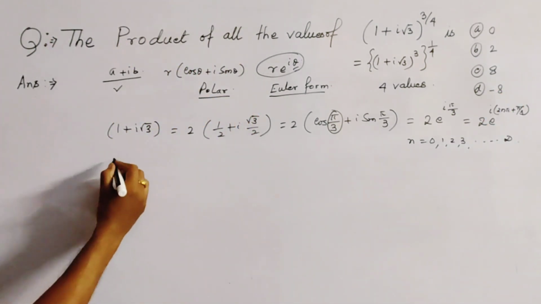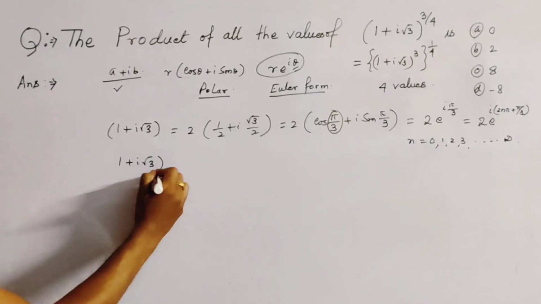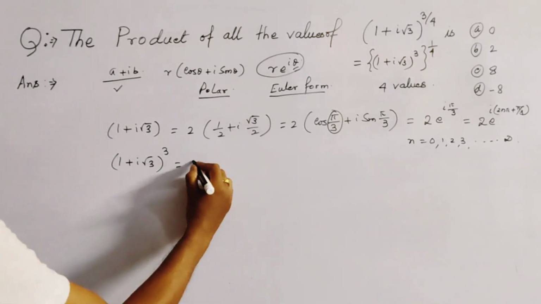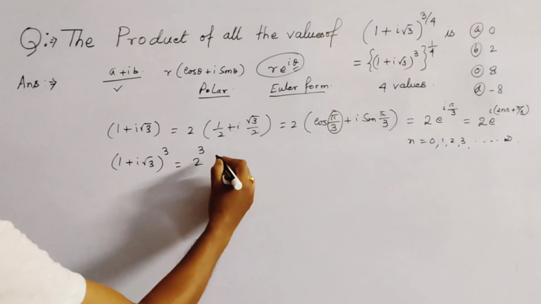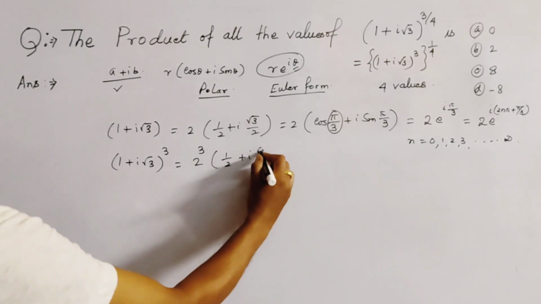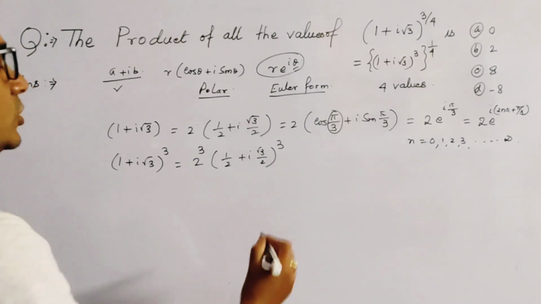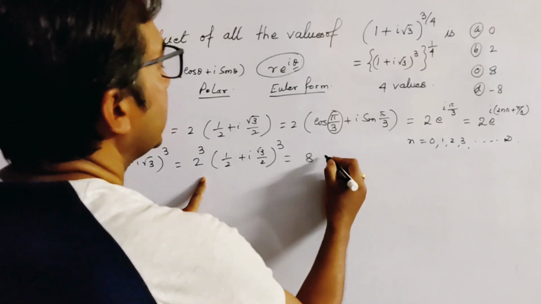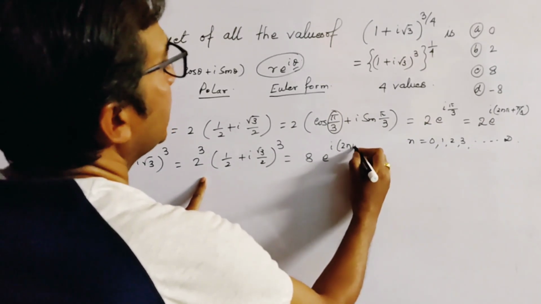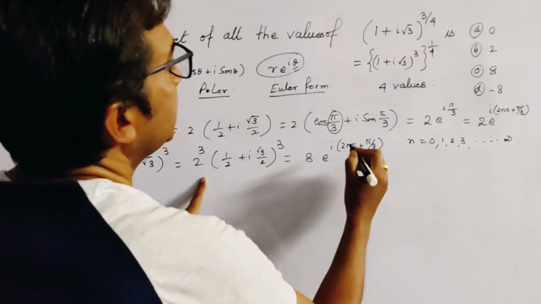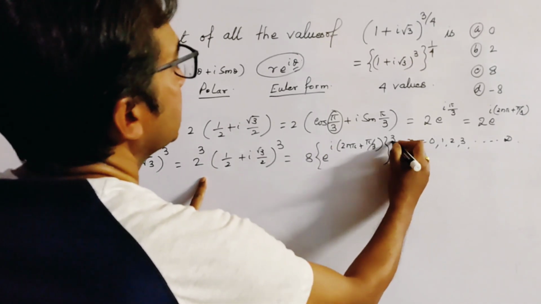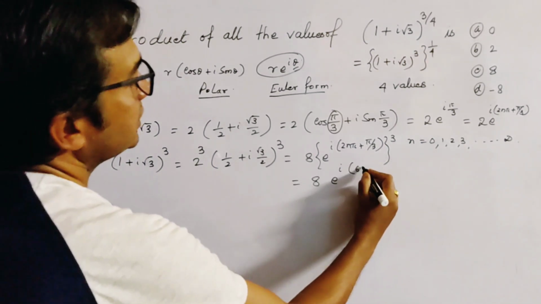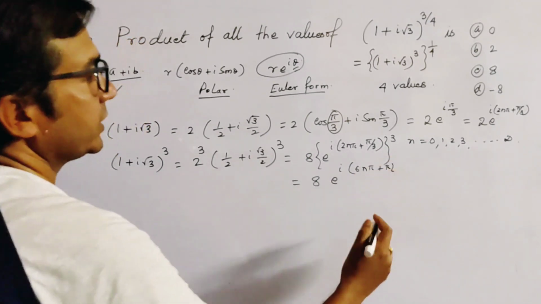Now we have to find (1 plus i root 3) to the power 3. So this is 2 to the power 3 into (half plus i root 3 by 2) to the power 3. So this is 8 into e to the power i (2n pi plus pi by 3) whole to the power 3, which is 8 into e to the power i into (6n pi plus pi).